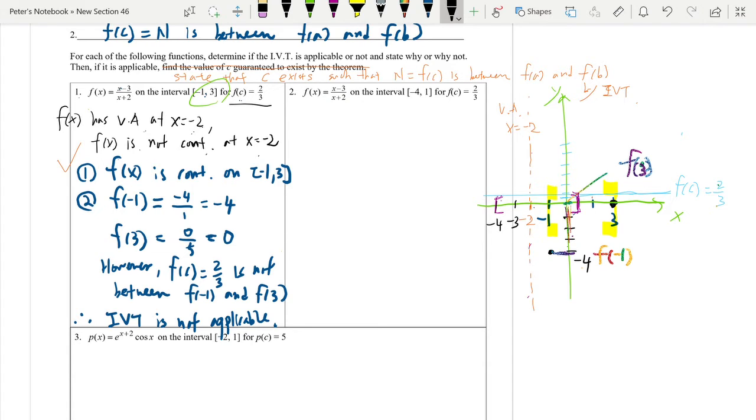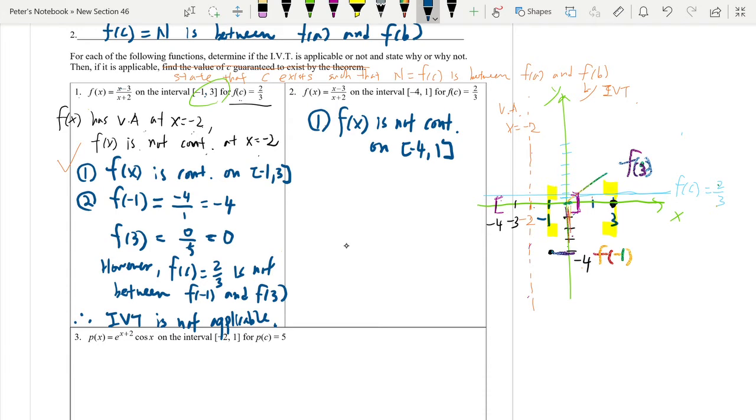So here, we already know our number one is going to be that f of x is not continuous on the interval -4 to 1. We can say why?